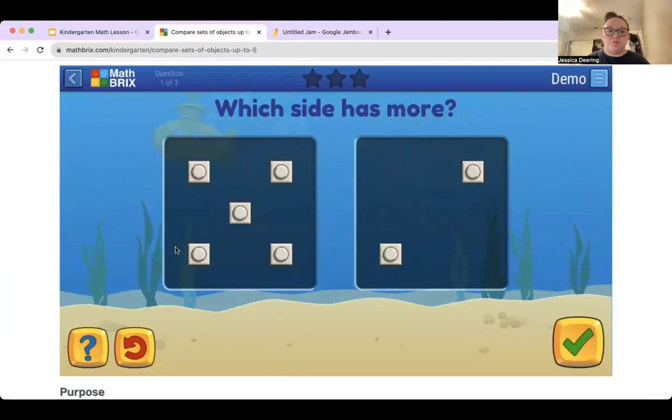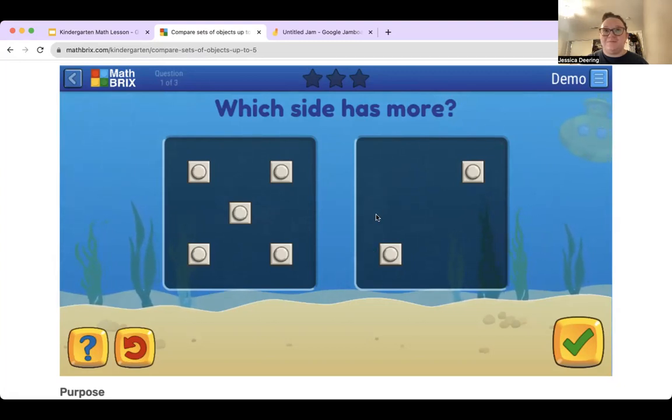So does box 1 have more counters? Does box 2 have more counters? This is box 2. Or are they the same? Okay, show of hands. How many think there are more counters in box 1? Okay, and how many think there are more counters in box 2?